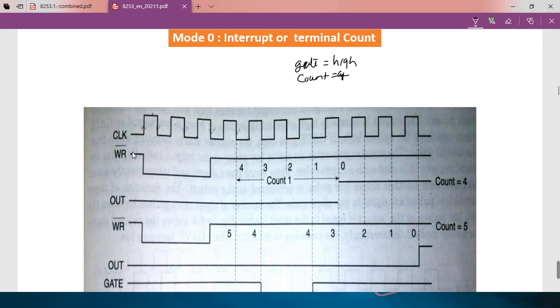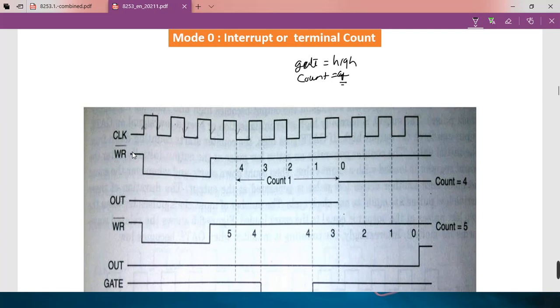Then at the first negative edge of the clock, it starts counting: 4, then on the next negative edge 3, then 2, 1 and then 0. When the counter becomes 0, the output goes to high.